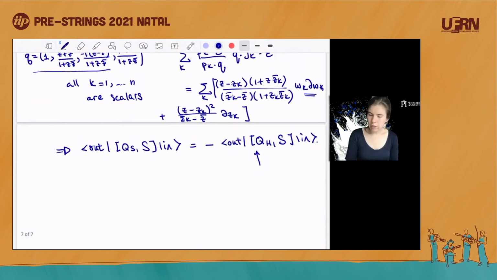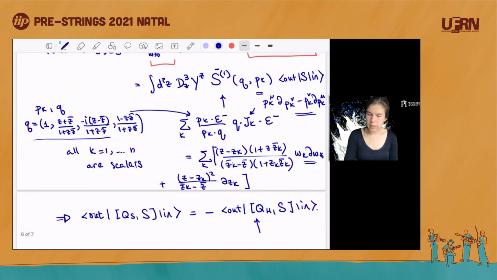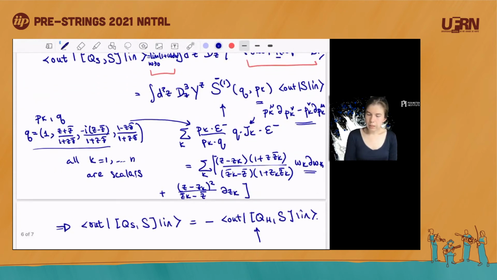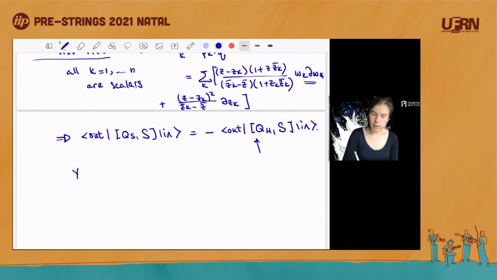Okay, one thing I want to say is that one recovers basically these global conservation laws associated with Lorenz symmetry by setting yz to be 1, z and z squared.